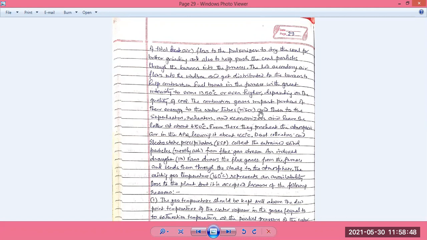So there is a flow of air, which is then converted into gas. It comes from the atmosphere, goes to the preheater, where it is preheated, and 15 to 30% of this preheated air goes for drying the coal and the coal dust, and then is sent to the furnace.